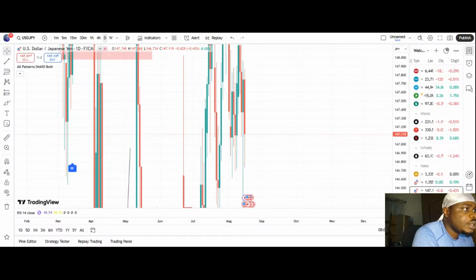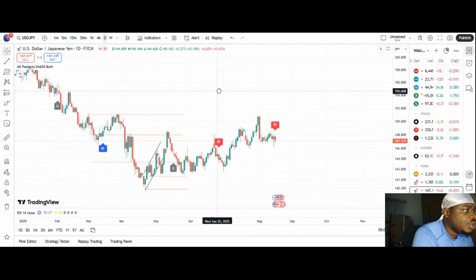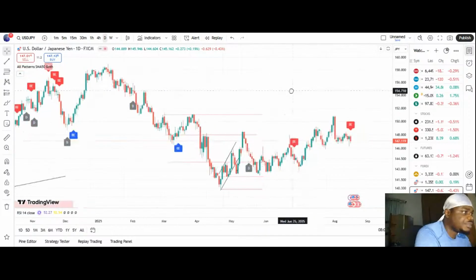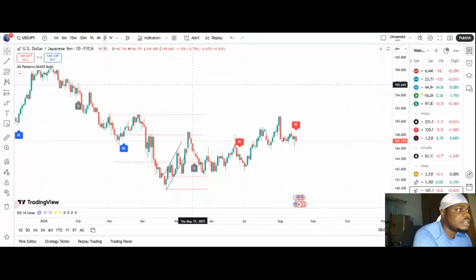Basically, I love starting with the daily. You can see this is my chart for JPY. This is JPY, Japanese yen.